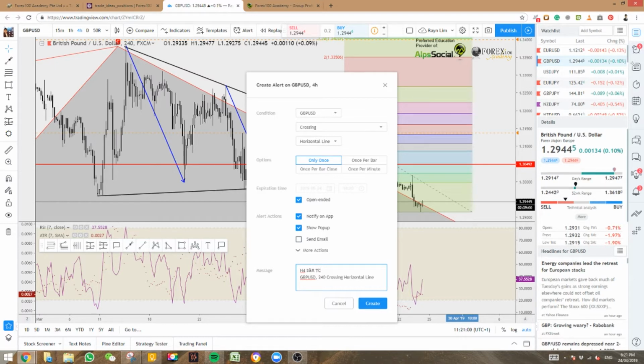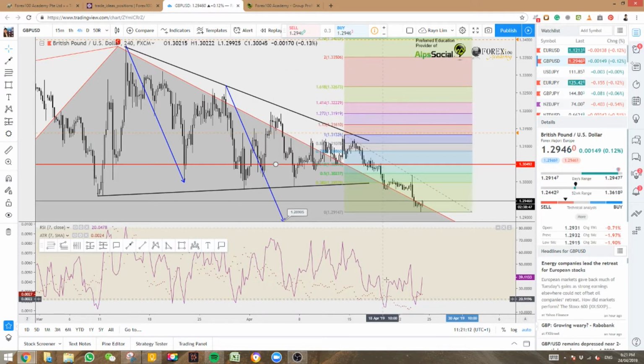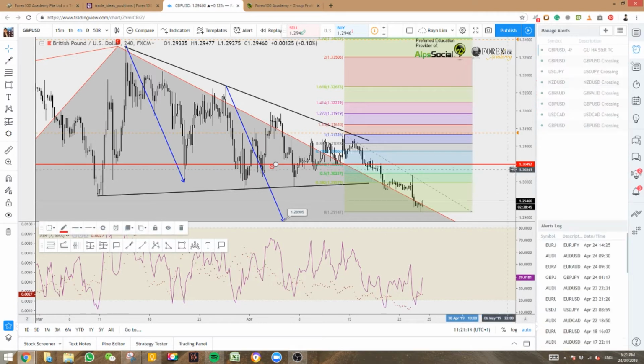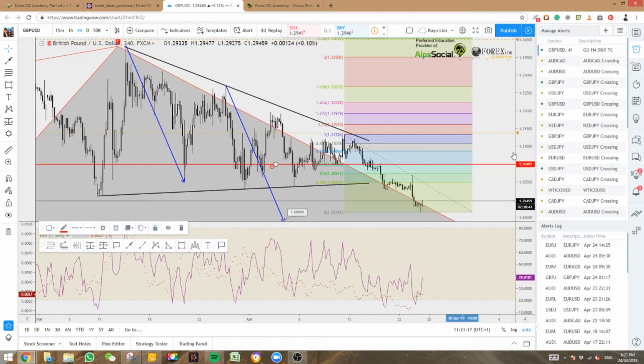Trend continuation, shorting opportunity. Alright, so I can even write the currency short form over here, and create. So once the market retests this level, it will bring me an alert. I'll see whether it fulfilled the requirement before I look for a trading opportunity.